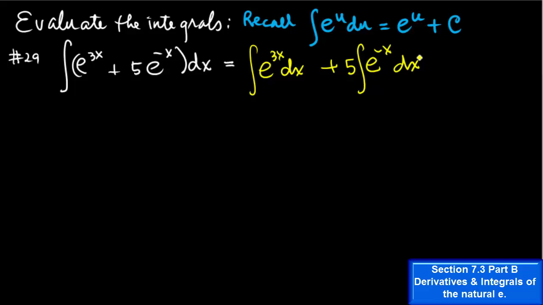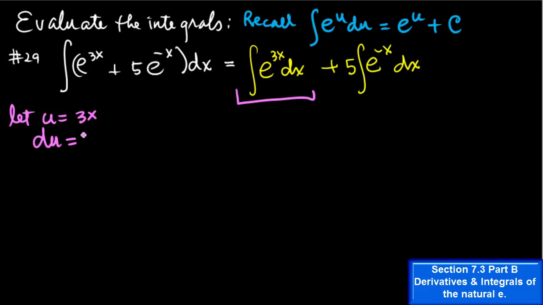Then I'm going to take the integral first of the first term. So let u equal 3x. That's the only possible way that we can get an e to the u, is to let u be 3x, so that du becomes 3 dx. To match up with this, we need to divide everything by 3, so that gives us 1/3 du.